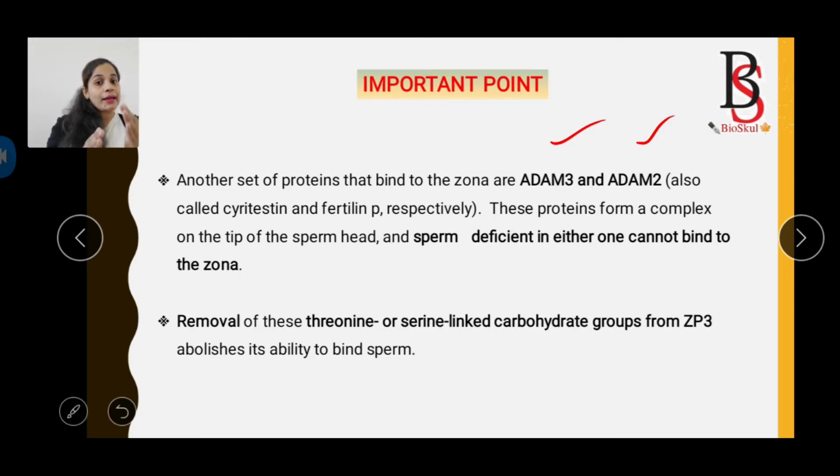So for binding to the zona, the sperm has SED1, GalT, ADAM3 and ADAM2. Similarly, the zona pellucida surface has N-acetyl-glucosamine. Removal of N-acetyl-glucosamine, or the deglycosylation of N-acetyl-glucosamine on ZP3, abolishes its ability to bind sperm.